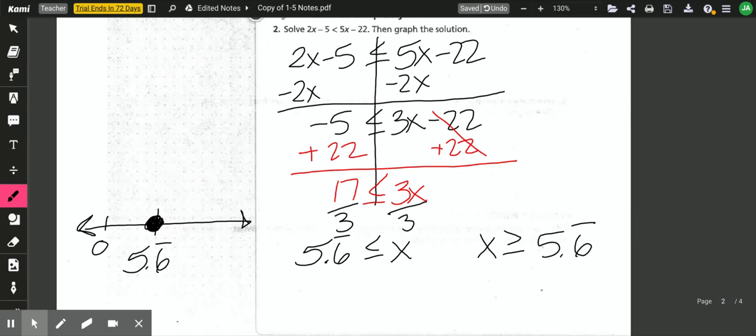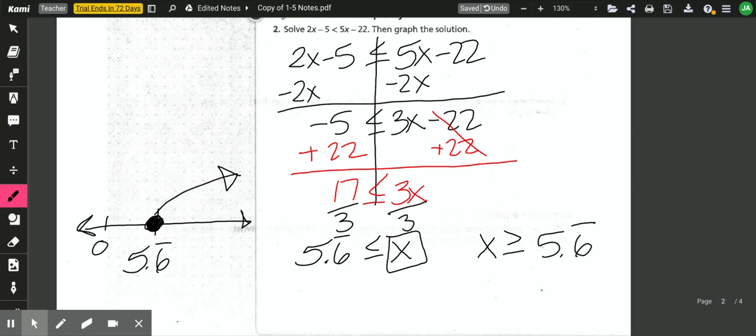I can't just switch x and 5 2/3 without also switching the inequality. That makes it a different answer. So now, either way you look at it, it's saying that x is the bigger of the two things. So I'm going to point in the direction of numbers that are bigger than 5 2/3.